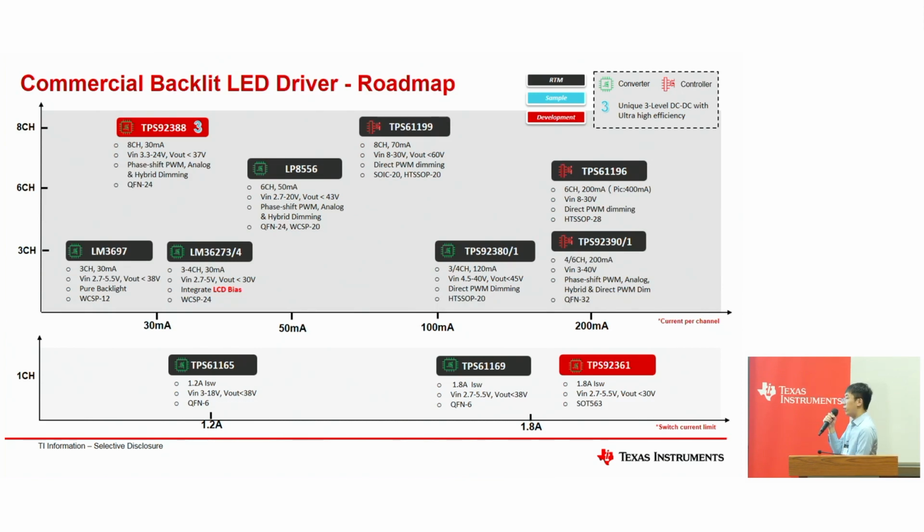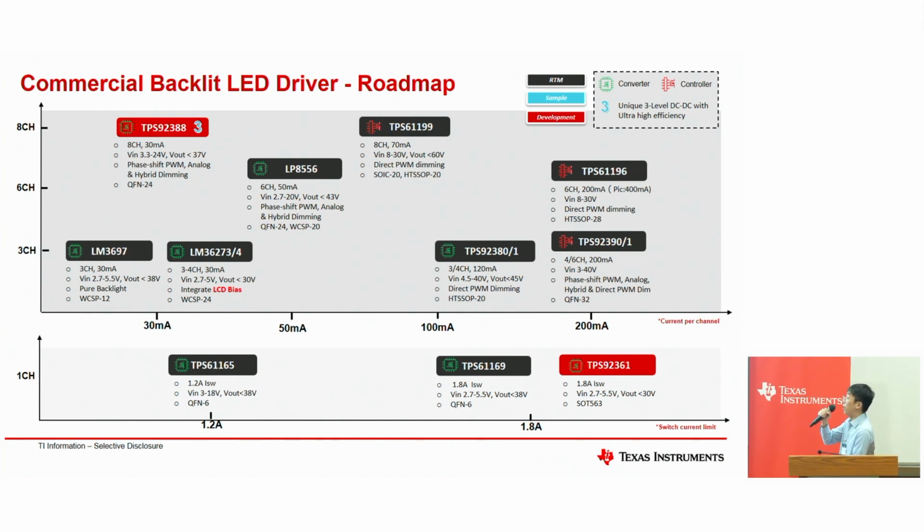The more channels, the larger screen sizes you can design. And the x-axis is the increasing output current or power. If you want to design higher brightness on TVs, then definitely 100 or 200 milliamperes are the target.